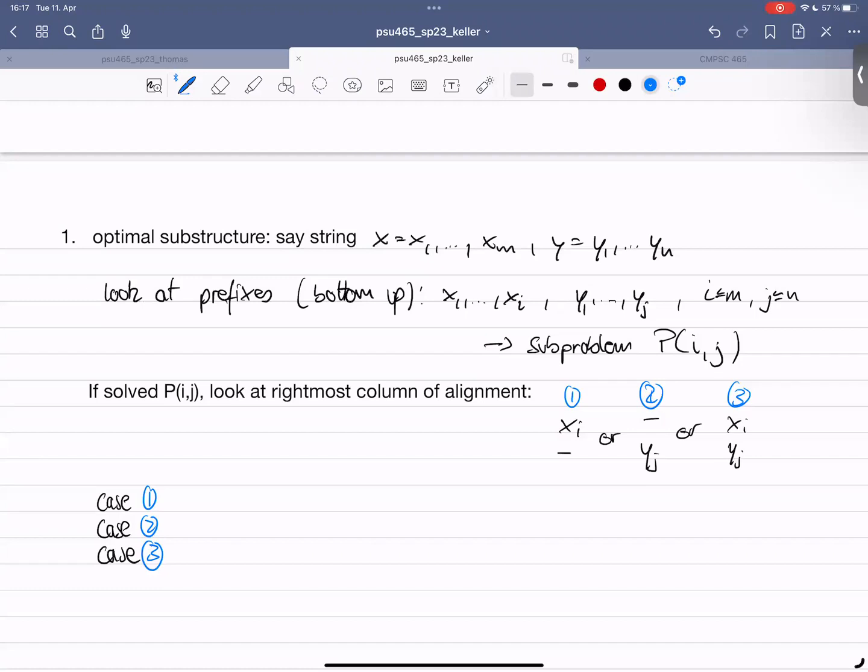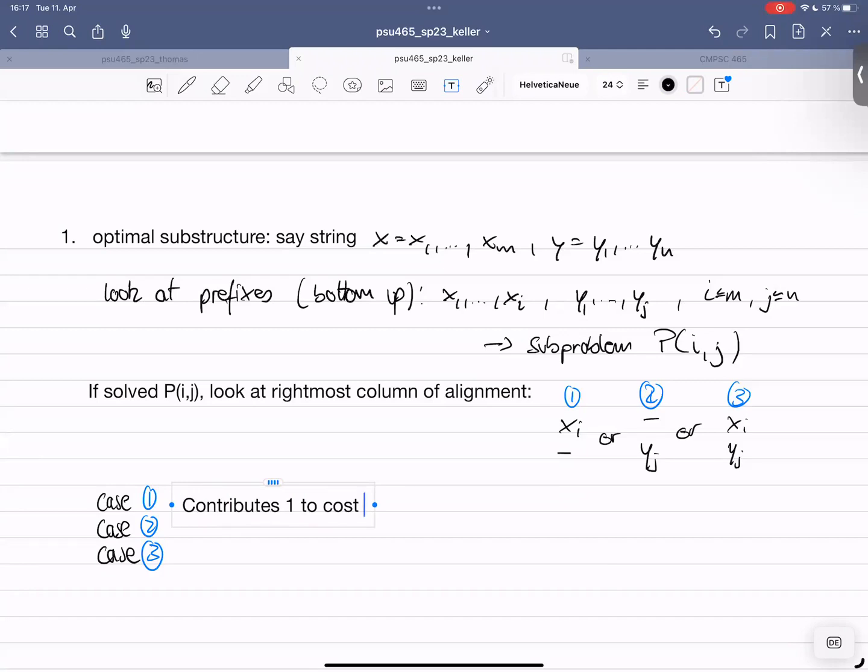So we have a prefix from 1 to i minus 1 in x, but in y we still have a prefix from 1 to j because we didn't use this yj character. So the cost in this case contributes a 1 for aligning xi to the gap symbol, which we said corresponds to an insertion or deletion.